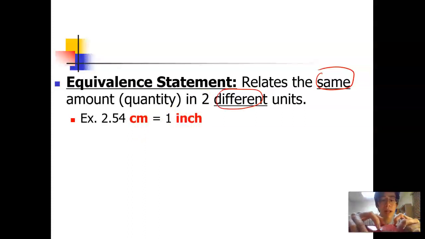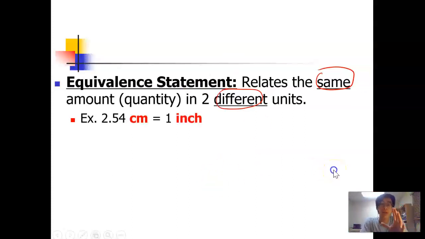Okay, so right here, from 11 to 12 is 1 inch, right? But if I flip it down right here, it turns out to be something like 2.54 centimeters, right? It's directly parallel to 1 inch. So as you can see, it's the same quantity, just measured on two different scales.